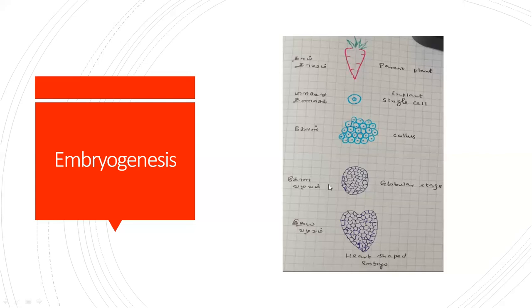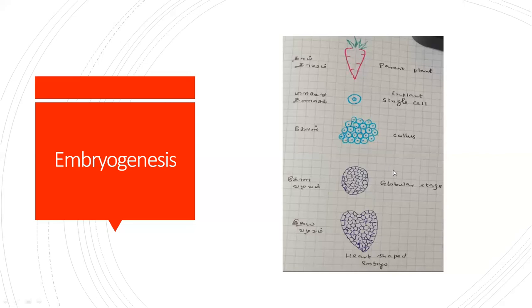If it is a monocot plant, the culture medium should possess 2,4-dichlorophenoxyacetic acid or 2,4,5-trichlorophenoxyacetic acid to stimulate the growth of embryo.